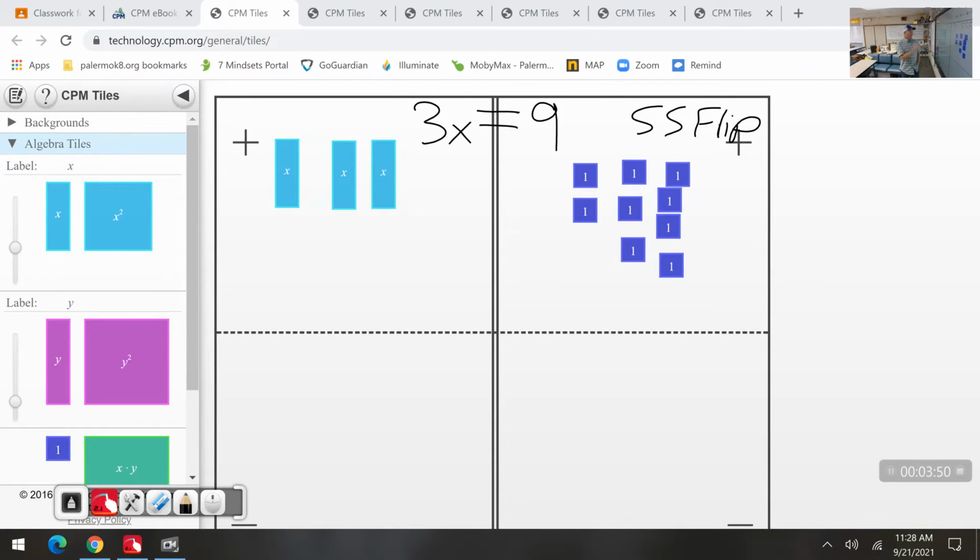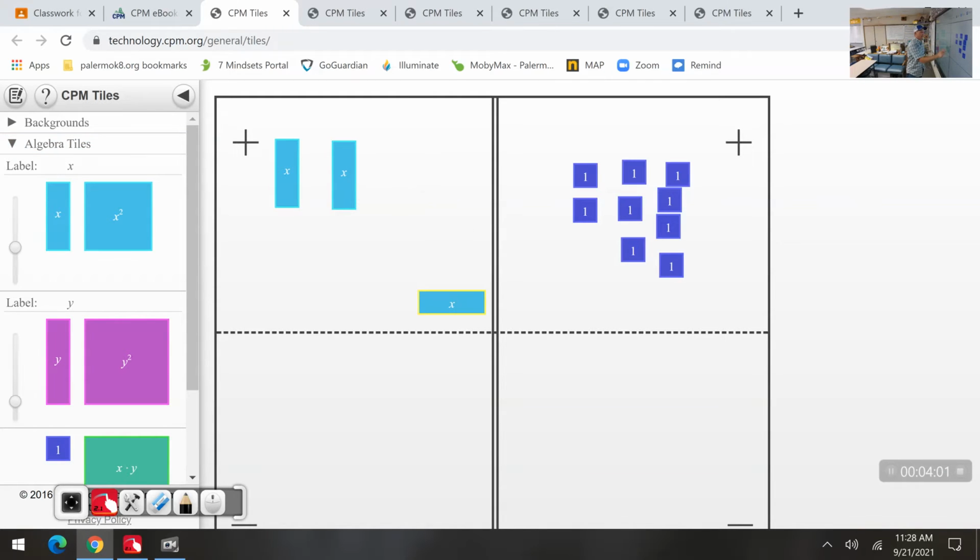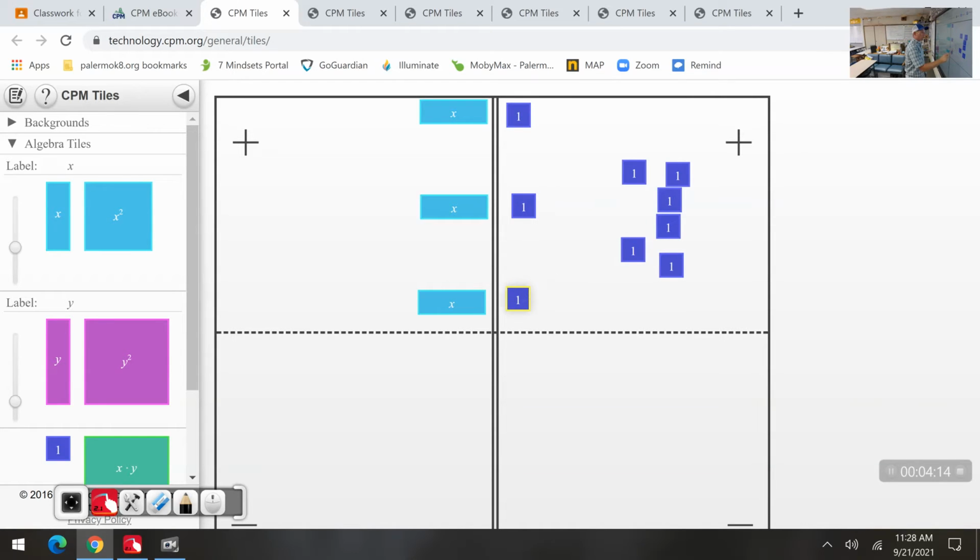Okay. Now, once I have that down, I have 3x equals 9, and what I need to do is regroup. I don't want to know what 3x is. I want to know what 1x is. So a regroup looks like this. I take my x tiles, I turn them horizontal, and now I'm going to divide these into 3 equal groups.